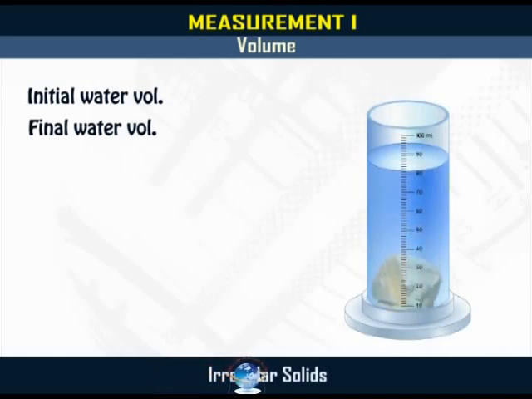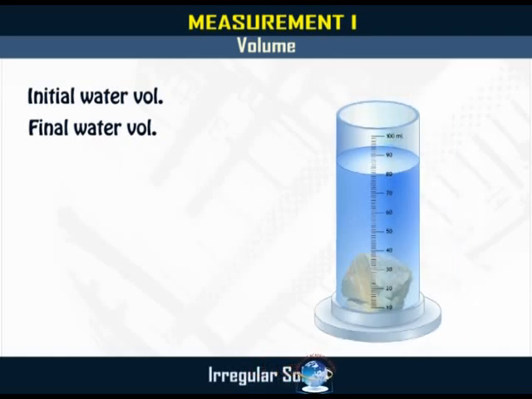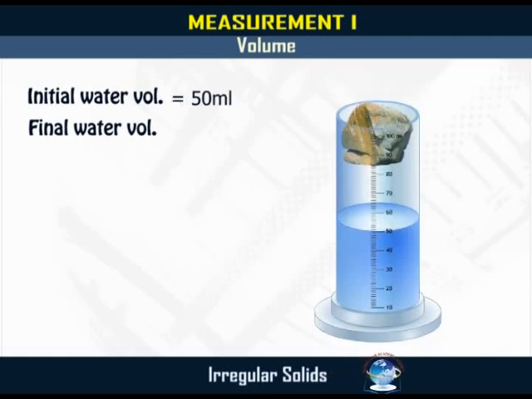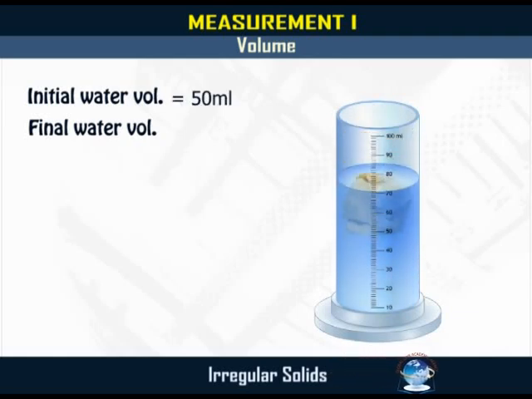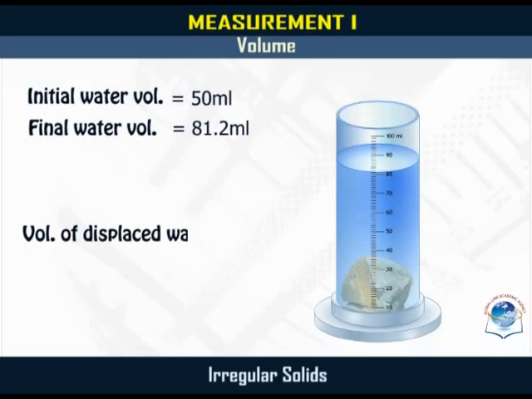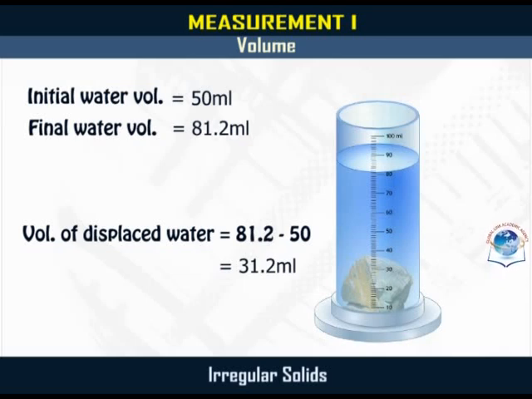The difference between the initial volume and the final volume is the volume of the object. In this example, the initial volume was 50 milliliters and the final volume was 81.2 milliliters. The volume of the displaced water is 81.2 minus 50, which gives us 31.2 milliliters.